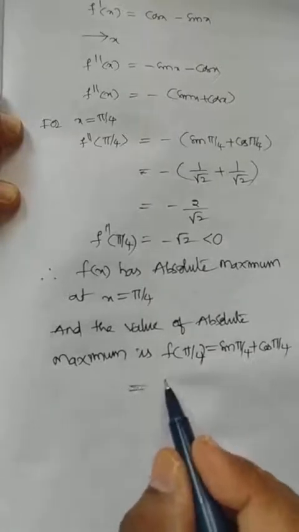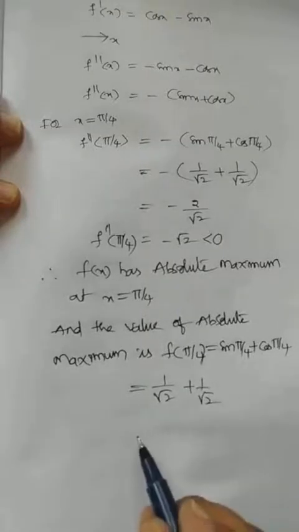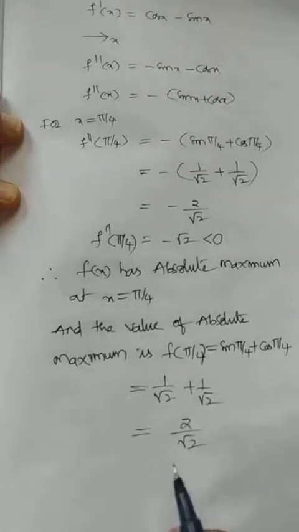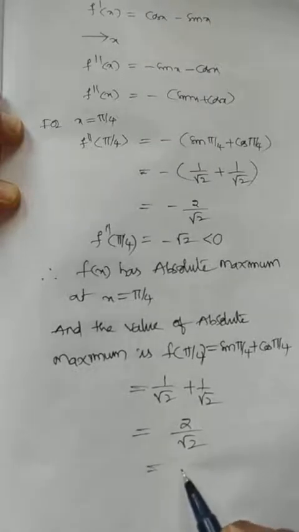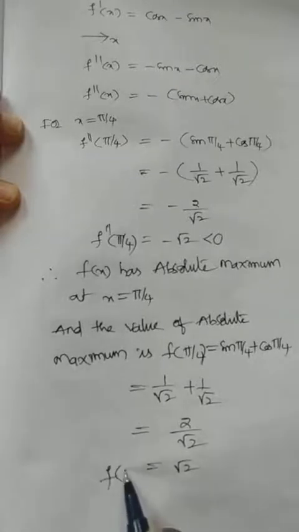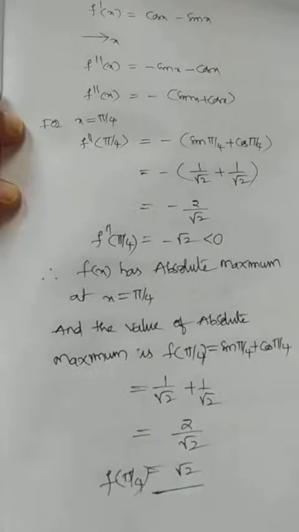That equals 1 by root 2 plus 1 by root 2, which is 2 by root 2, so root 2 is our absolute maximum value, attained at x equals pi by 4. This function does not have an absolute minimum value.